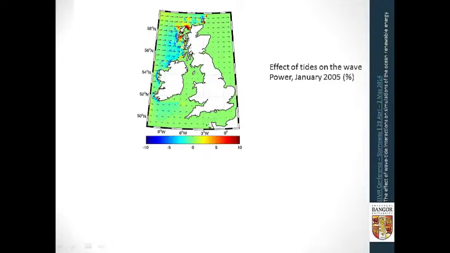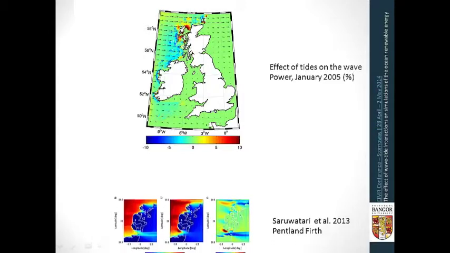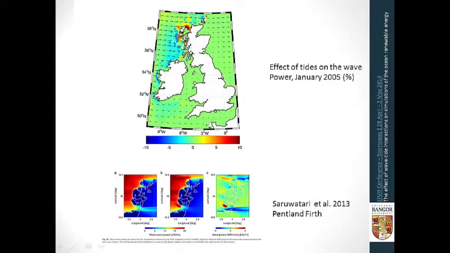Again, the northwest of Scotland, Orkney, and the west of the Islands are places where wave-current interactions are important. There is another study, done specifically for Orkney, which has shown the impact of wave-current interaction as well.